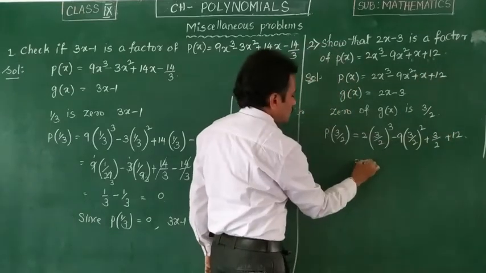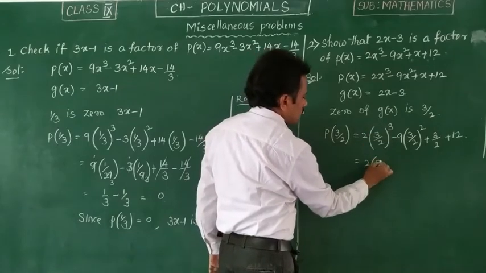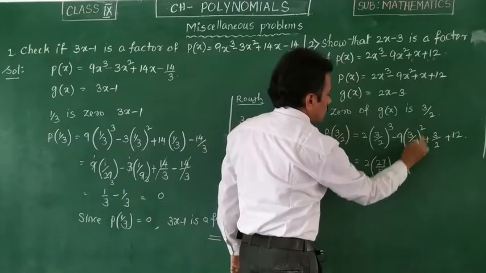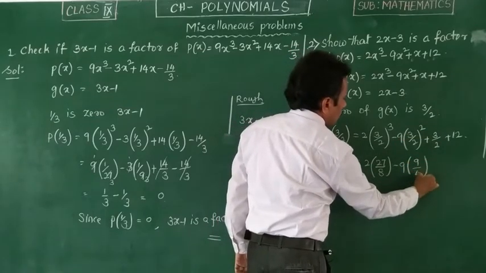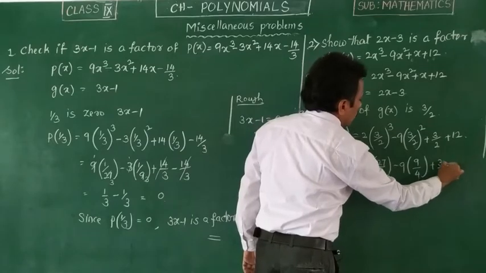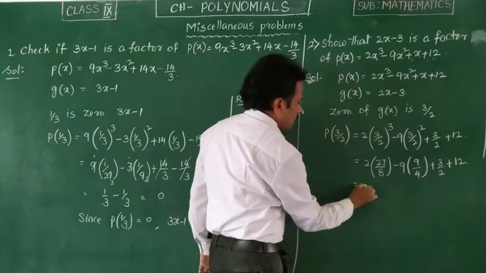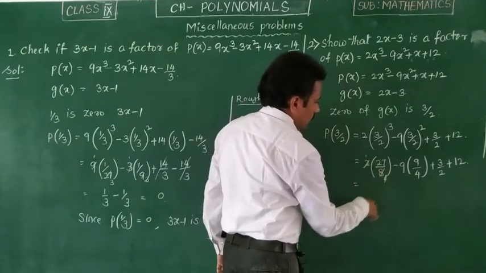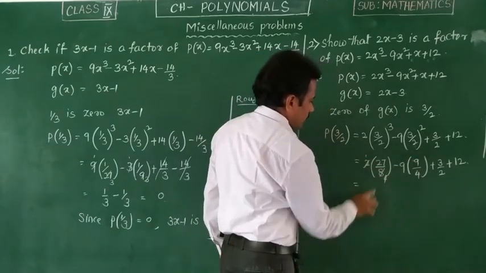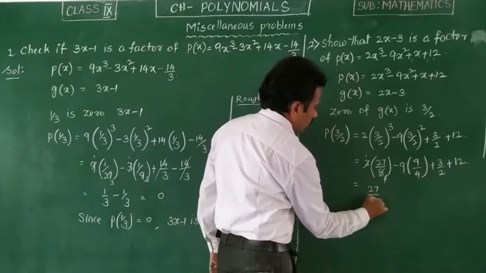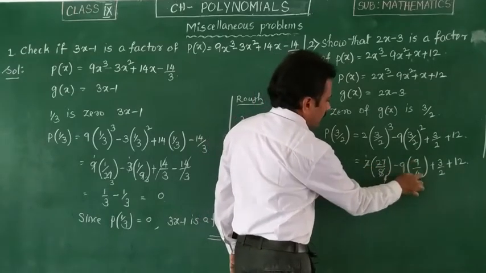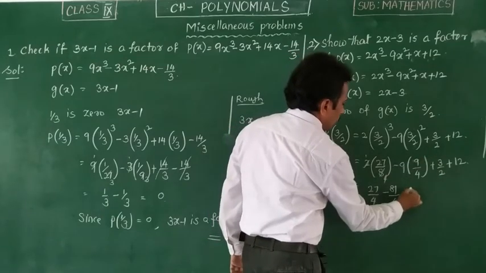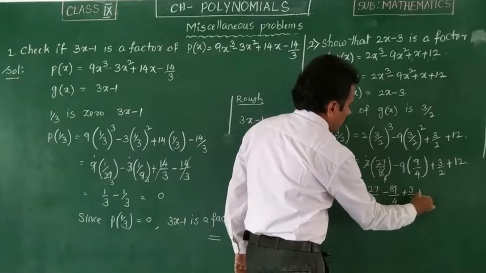So let us simplify this. 2 into 3 by 2 whole cube gives us 27 by 8, minus 9 into 3 by 2 whole square gives us 9 by 4, plus 3 by 2 plus 12. That implies, now children you observe here 2 and 8, they will get cancelled. 2 ones are, 2 fours are, but whereas here they will not get cancelled. So we can write 27 by 4 minus 9 nines are 81 by 4 plus 3 by 2 plus 12.